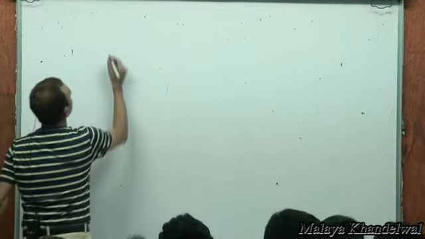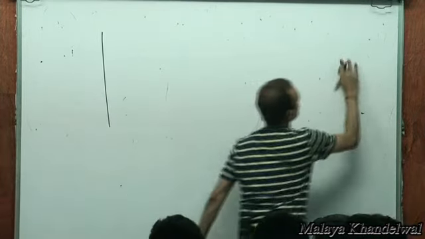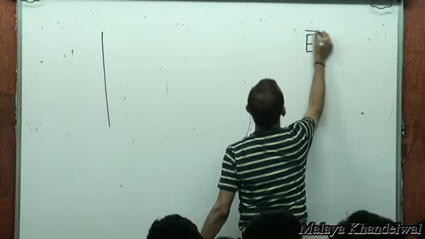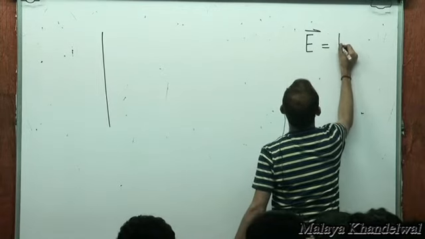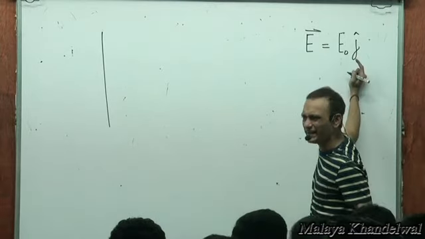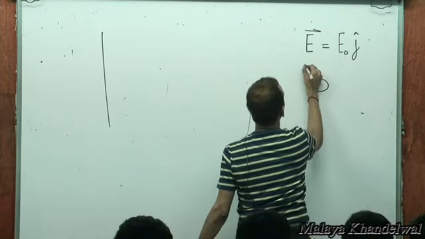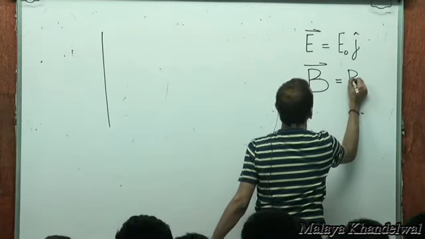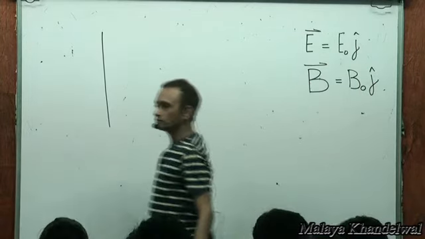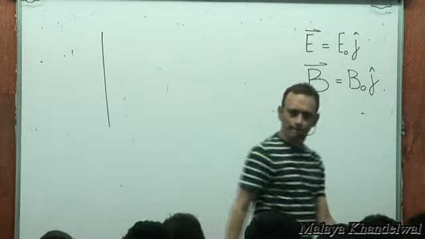Say there is a region in space where there is a constant electric field E, which is E naught j cap, meaning in the y direction, and a constant magnetic field B, which is also in the y direction, say B naught j cap. Both in the y direction. All right.